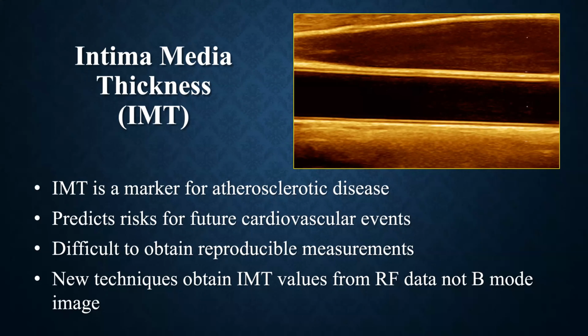So it's not unusual to get disparate measurements from examiner to examiner, location to location. But new techniques are now using RF data to do this measurement automatically and getting more accurate IMT measurements than using grayscale or B mode alone. So this is something that is relatively new on our instruments, and it can be used for those who like to track IMT.